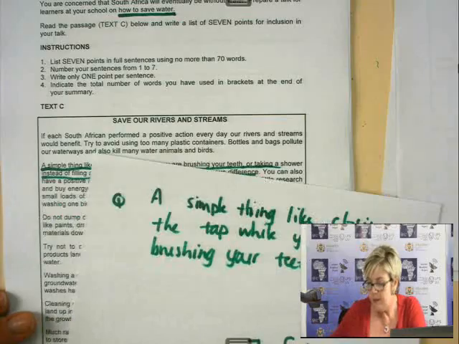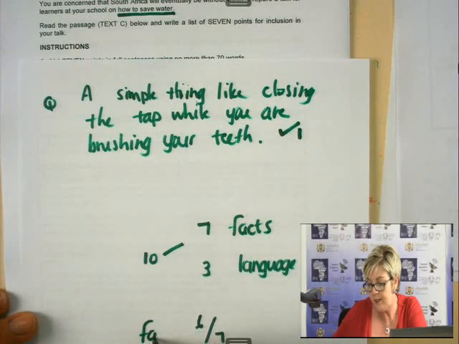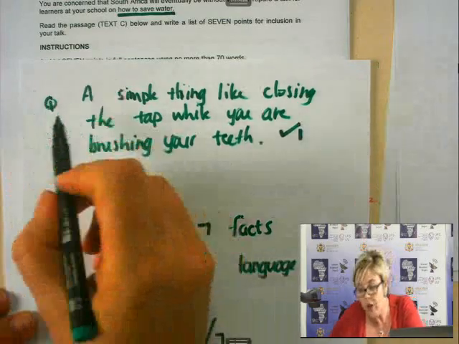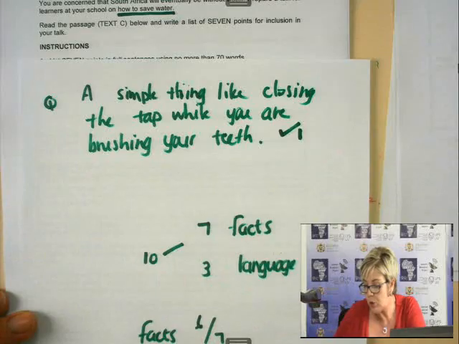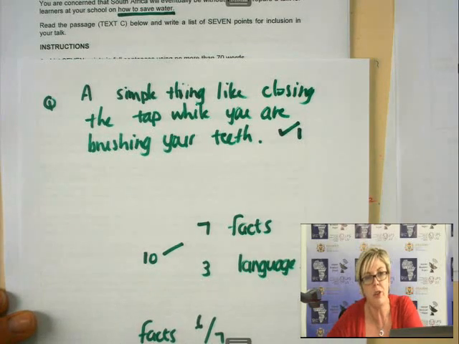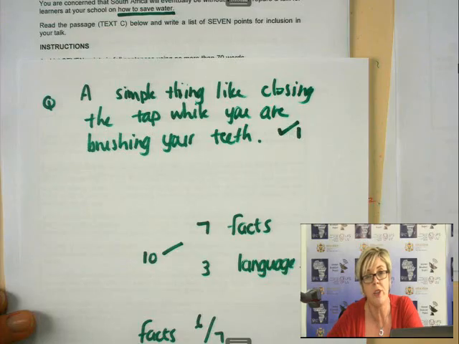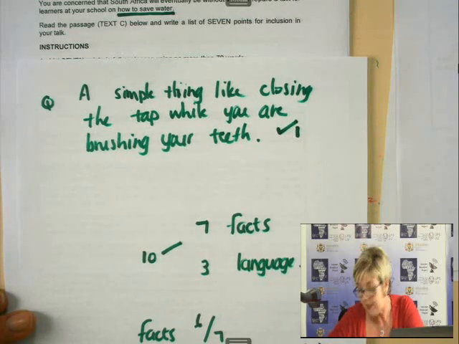And in the end, if you had 6 out of 7 for your facts, and even if you only had 1 direct quote, you cannot score more than 1 out of 3 for language. And I think that is unnecessary. If you did well and you almost identified all the facts, you had 6 out of 7, you can get the maximum 3 out of 3 for facts. And that gives you 9 out of 10.